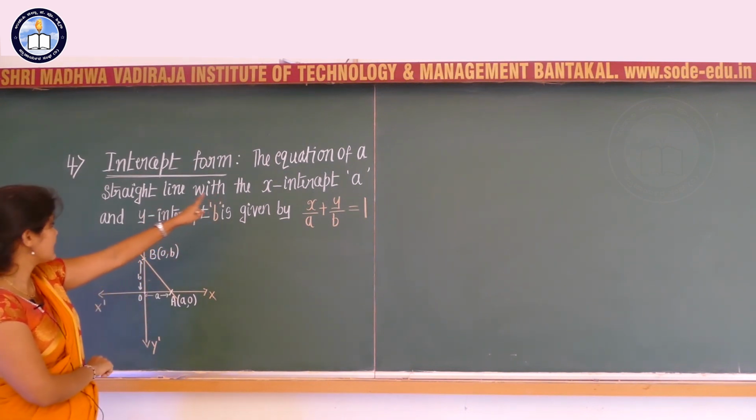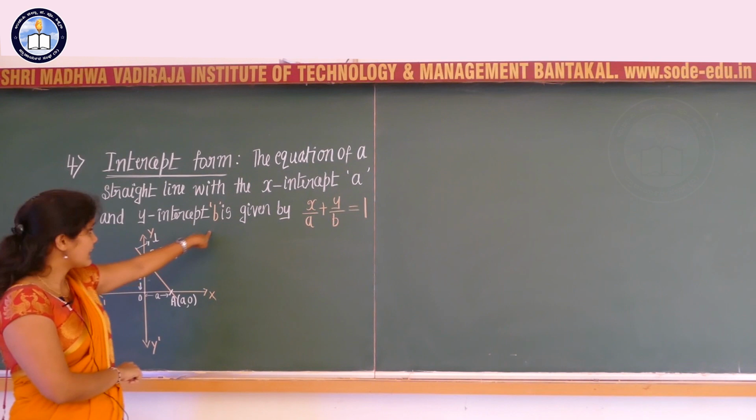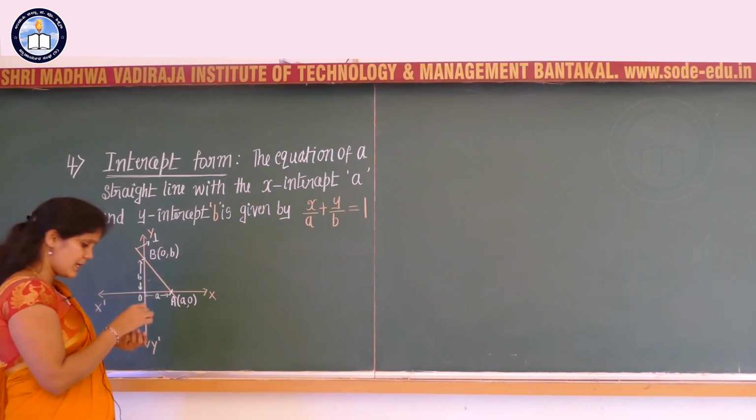It is given that x-intercept is A and y-intercept is B, and that equation is given by x by A plus y by B equal to 1.